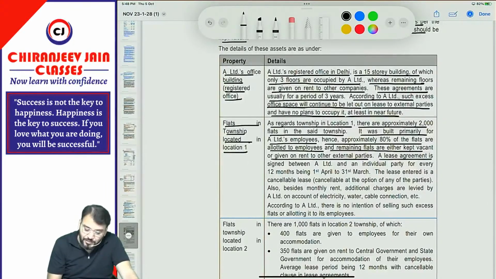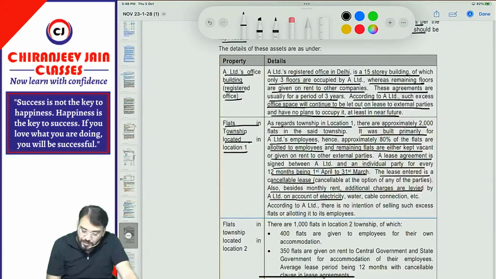A lease agreement is signed between A Limited and an individual party for every 12 months, being 1st April to 31st March. The lease entered is a cancelable lease. Also, beside monthly rent, additional charges are levied by A Limited on account of electricity, water, cable consumption.